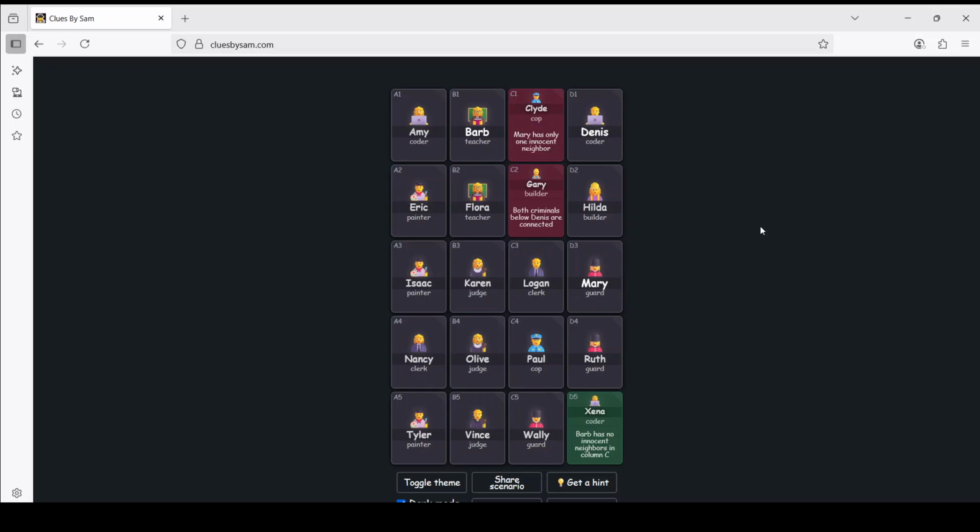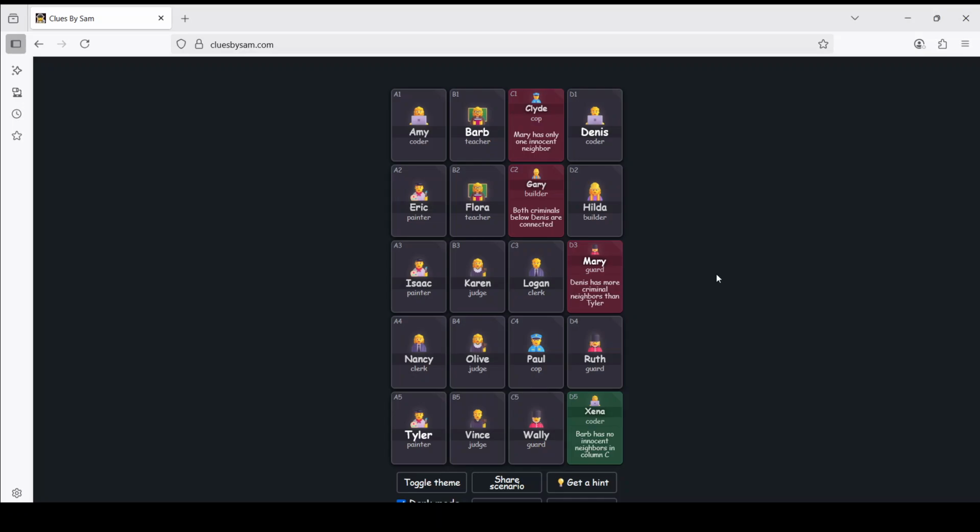Just from Gary's clue in C2, we would know that Mary has to be a criminal, because if there are 2 criminals in column D below Dennis and they are connected, Mary has to be one of them. And so Mary is going to tell us that Dennis has more criminal neighbors than Tyler.